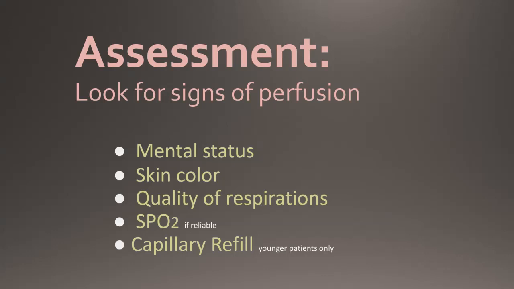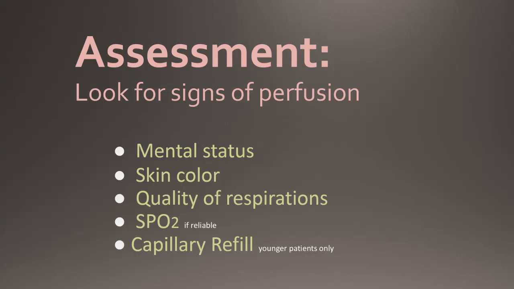The second thing we're going to quickly look at is skin color. That actually falls down in the C, or the circulation part of our assessment, but we're going to look at it. It doesn't take long to take a quick look at that in whatever category it's in, and assess that.